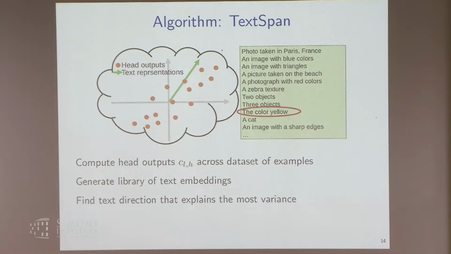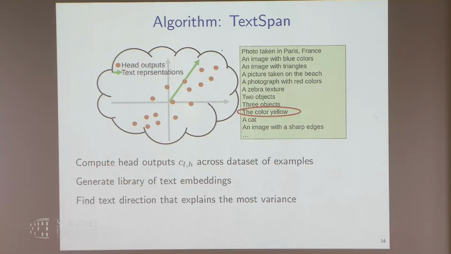And then for each element in this list, if I embed it under the text encoder, it gives me a vector. I'm just going to greedily take the vector that explains the most variance. So this is like PCA, but I'm restricting to only vectors that have an underlying sentence that supports them.